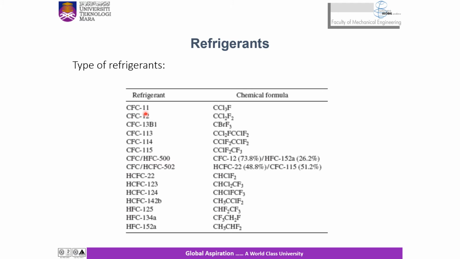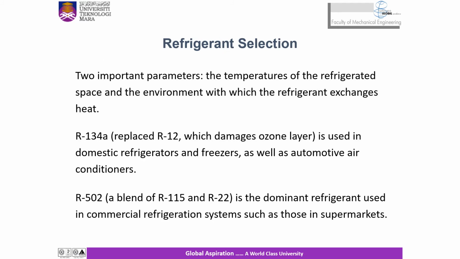So these refrigerants were used initially in our refrigerators, but in most countries they are banned now because they destroy the ozone layer of our planet, and they have been replaced by much more environmentally friendly refrigerants.